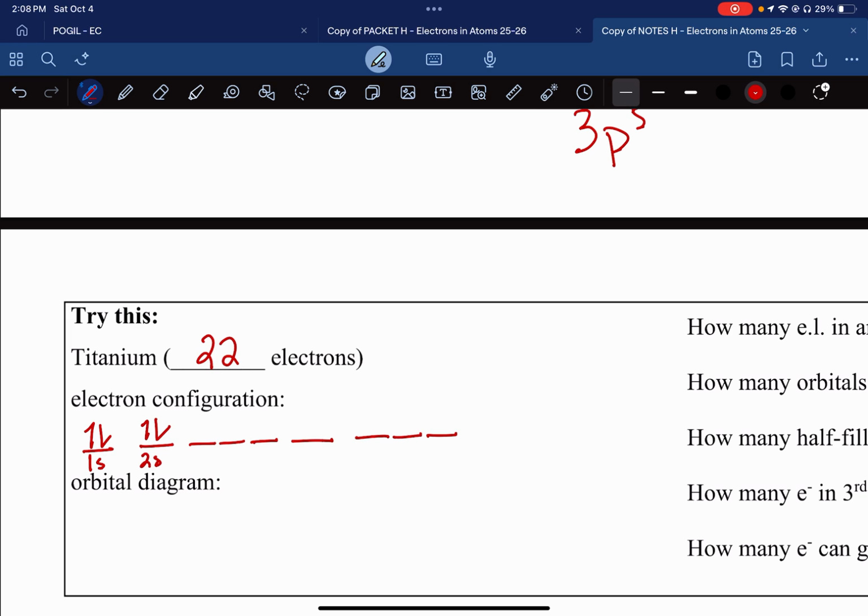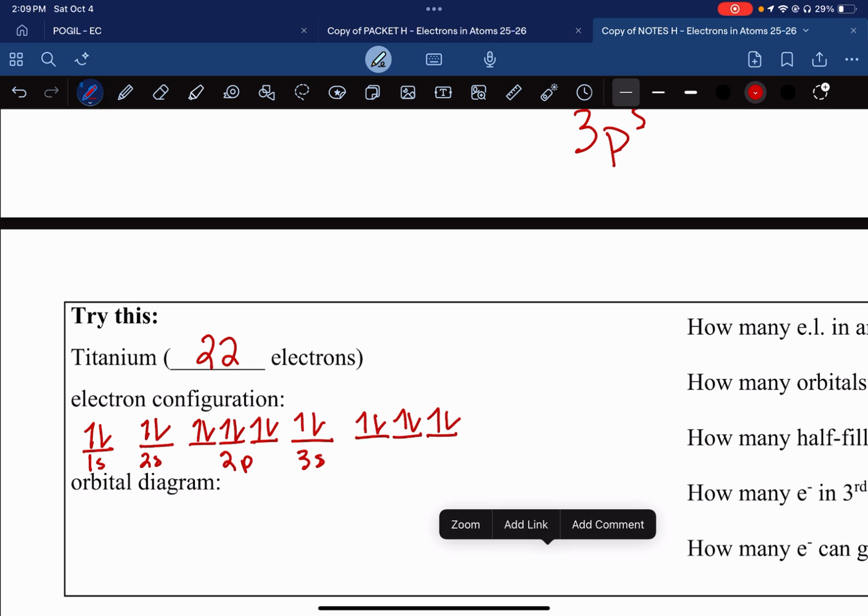All right, so this is 4, 5, 6, 7, 8, 9, 10. That's my 2p. And now I have 11, 12. That's my 3s. And then 13, 14, 15, 16, 17, 18. That's going to be my 3p.